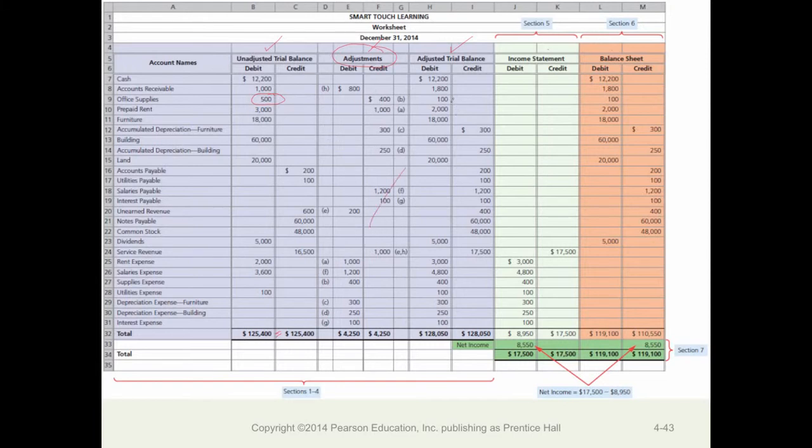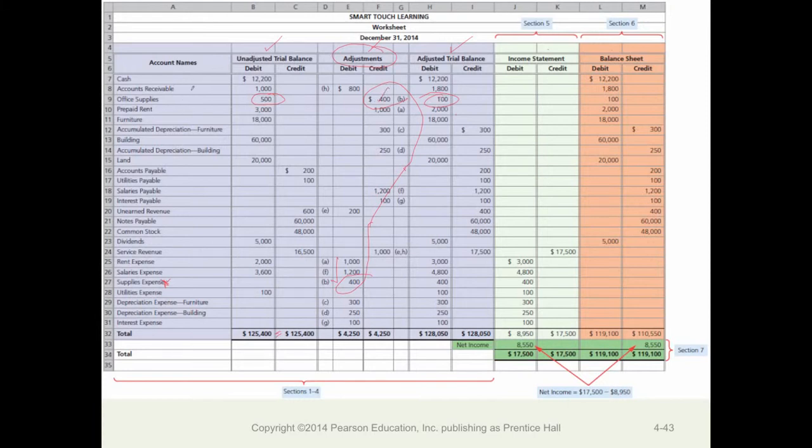When you went into the warehouse, you only counted 100, so that means that you must have used up 400. So you're actually making the adjusting entry on the worksheet first. So you're debiting the supplies expense account and you're crediting office supplies.